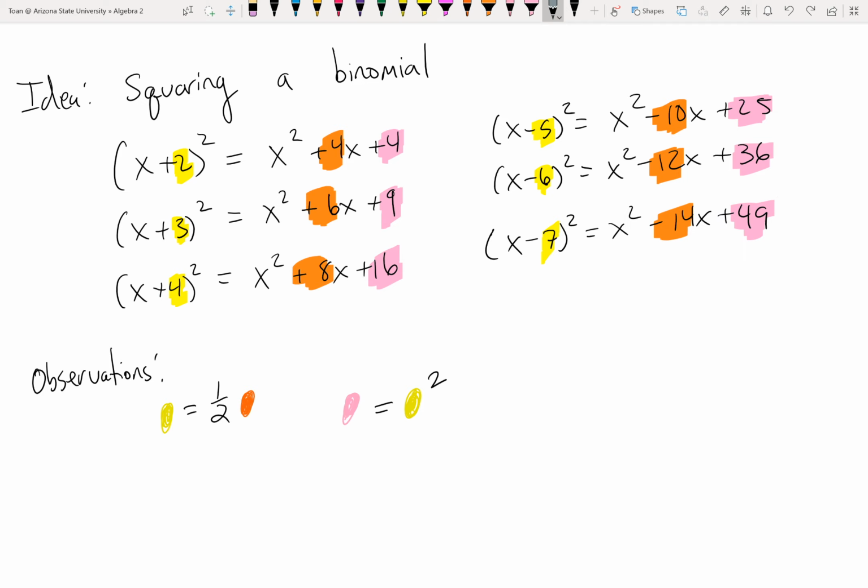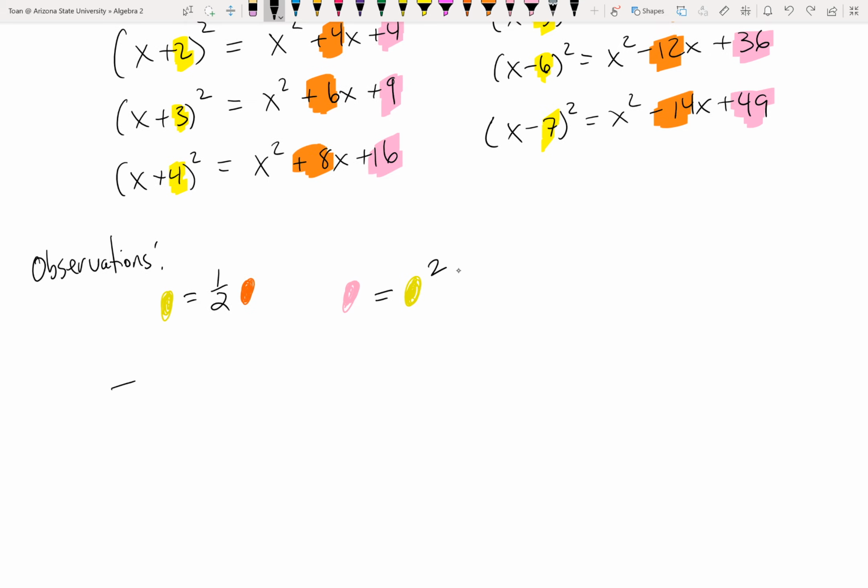Well, what these two observations allow us to do is create a bridge, or a relationship, between the numbers inside of the parentheses, the yellow numbers, to the coefficients of your standard form, the red and the pink.